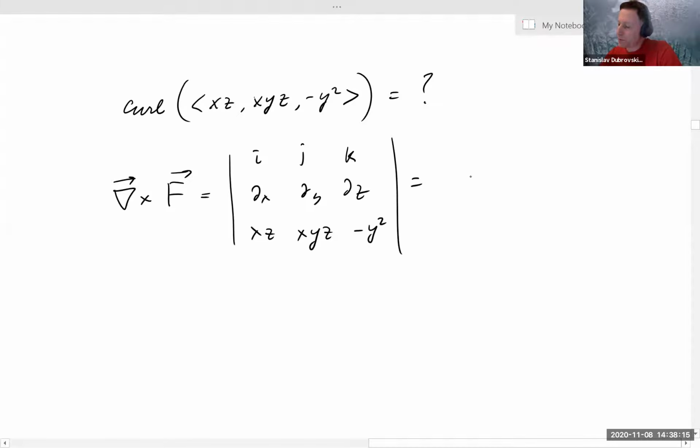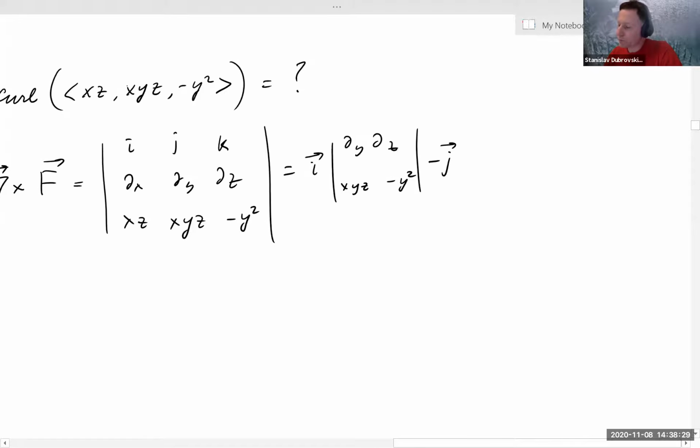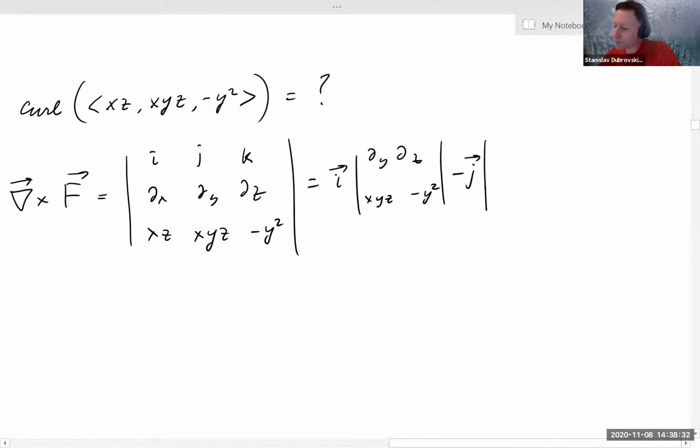So I will have, for the first component, let's write it as determinants, x, y, z, and minus y squared, minus j, partial x, partial z, xz minus y squared, plus k, partial x, partial y, xz, xyz.